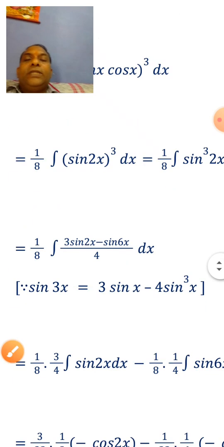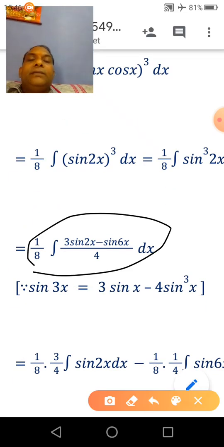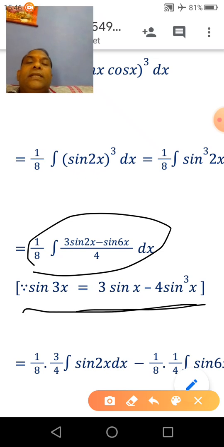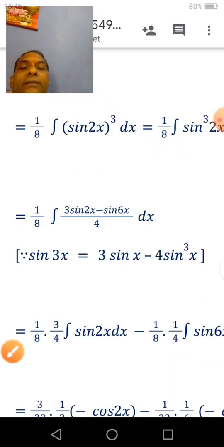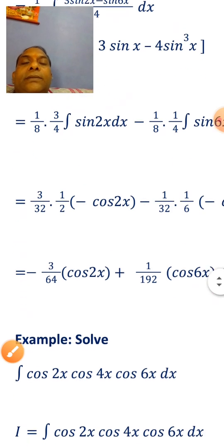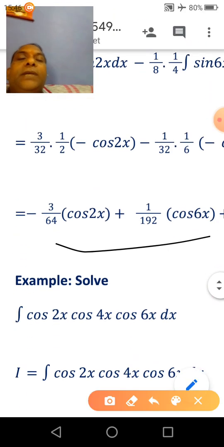So this will be equal to this one, because sine 3x is equal to 3 sine x minus 4 sine cube x. So sine cube x will be equal to 3 sine x minus sine 3x upon 4, you can write. Now integrate, then you have the answer.